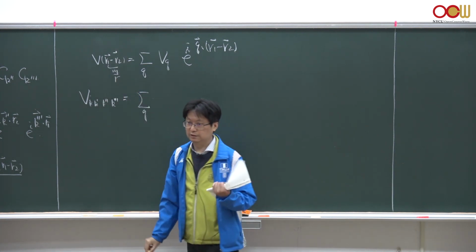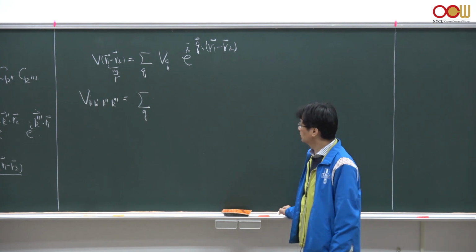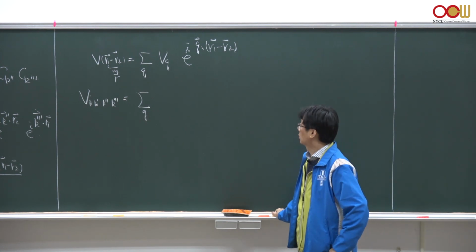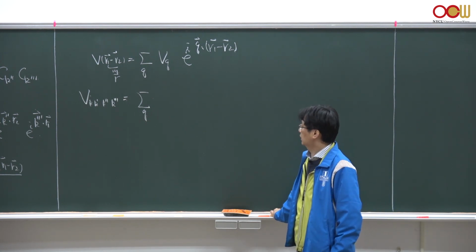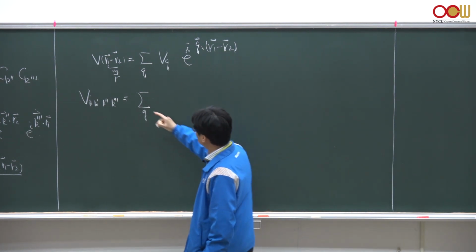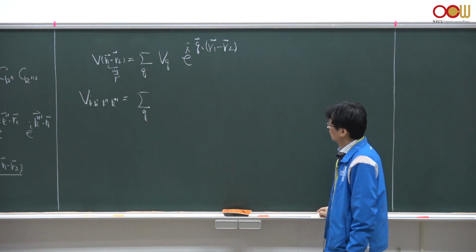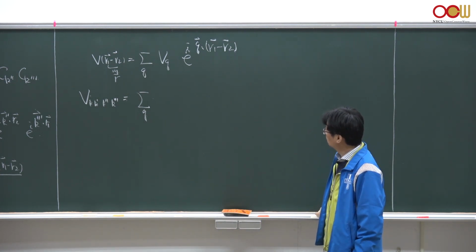But since this is just some arbitrary function mathematically, you could imagine that I could Fourier transform this from the real space representation to the momentum space representation of the Coulomb potential.